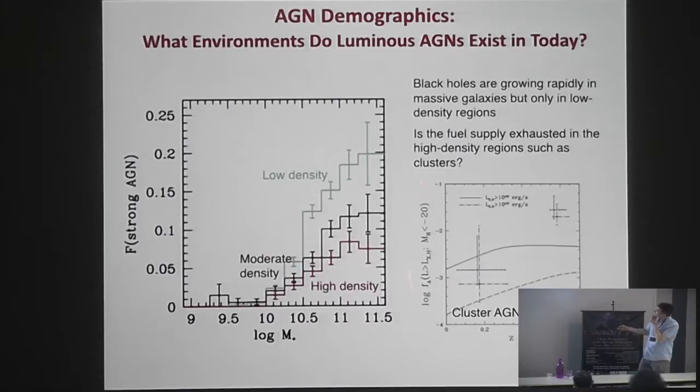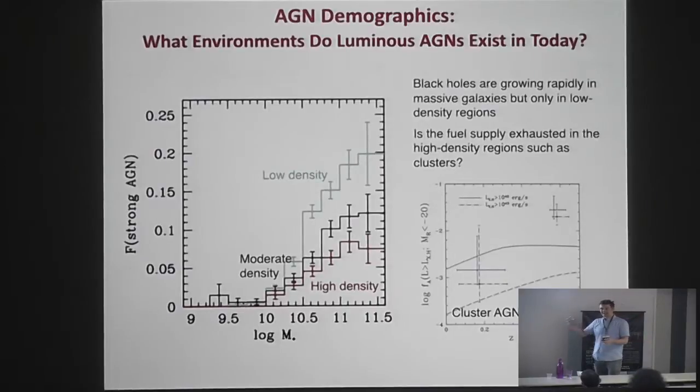You also have an evolution in terms of the cluster AGN with redshift, although we're only going up to redshift 0.5 here, and these error bars are pretty big. But this might be because we're now in the age of cluster formation. As you go back in time, clusters were still forming, and so these processes through which you get rid of gas and heat gas were still going on.